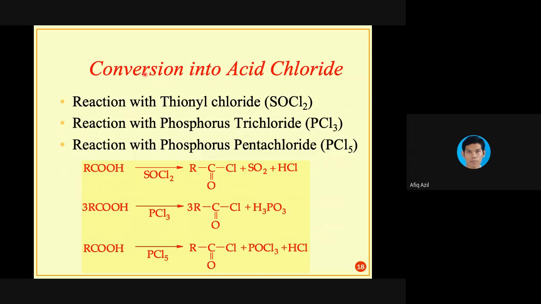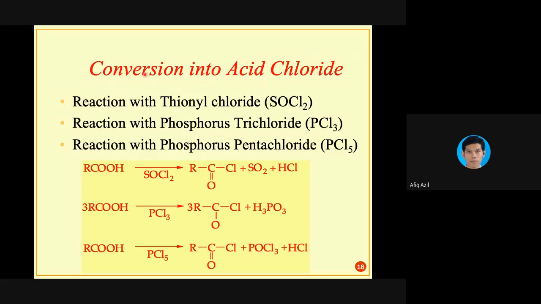Then the conversion into acid chloride, which is what we call one of the derivatives of the carboxylic acid, okay, acid chloride. So there are three ways in which you can convert the structure of carboxylic acid.